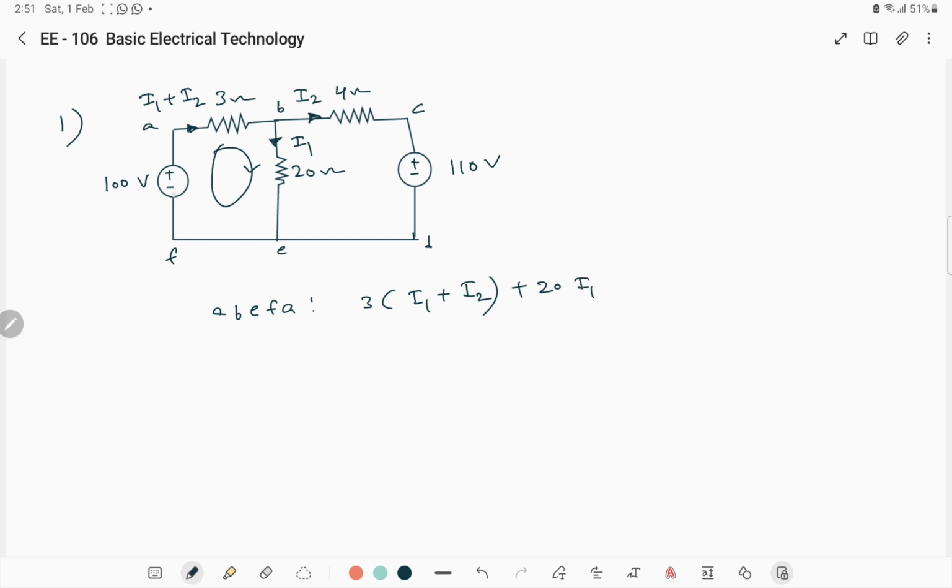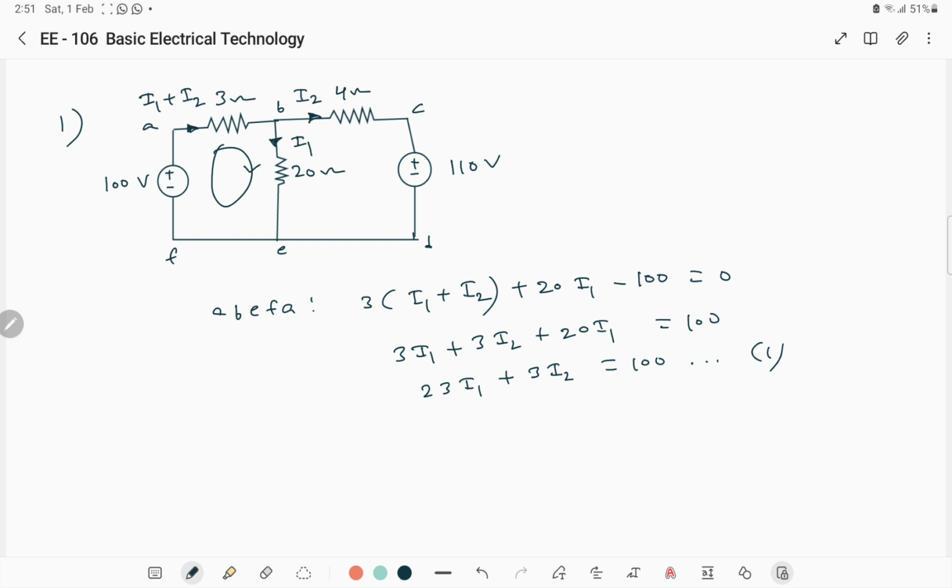Negative terminal of the battery is encountered first, so minus 100 volts equal to 0. So this will be 3I1 plus 3I2 plus 20I1 equal to 100. 3I1 plus 20I1 is 23I1 plus 3I2 equal to 100. Okay, this is our equation number 1.